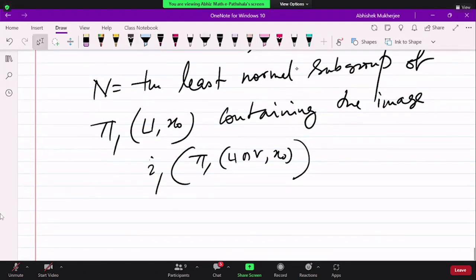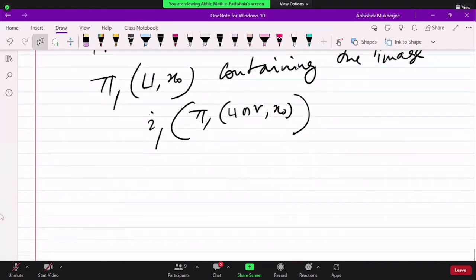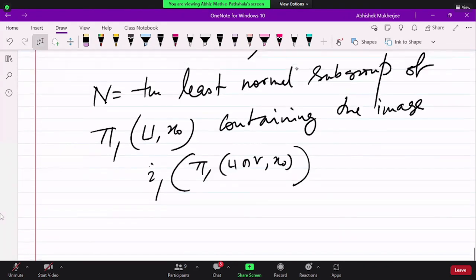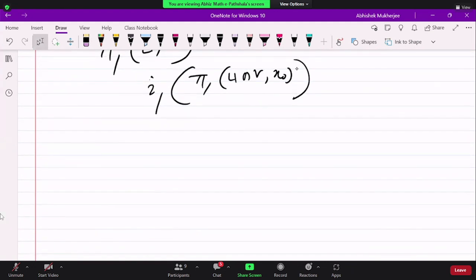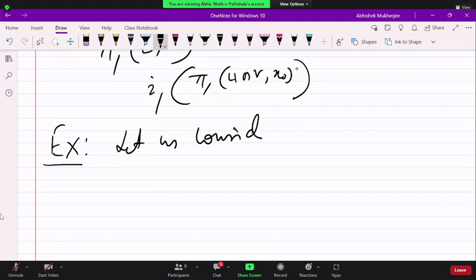So if you look at some example, you will see that, suppose, let us take, we can find out the, so let us consider the theta space.